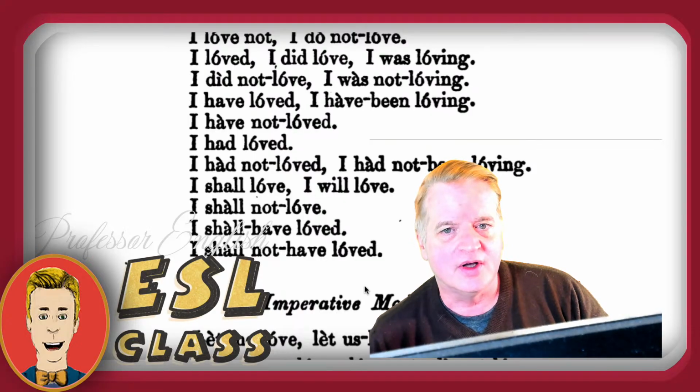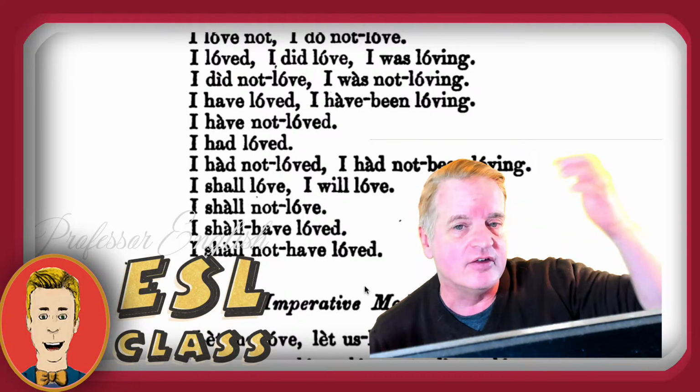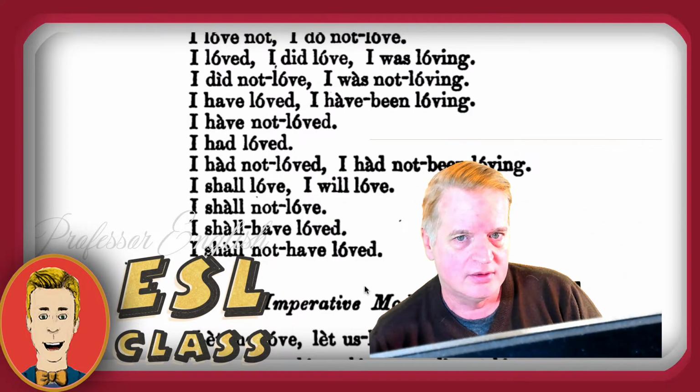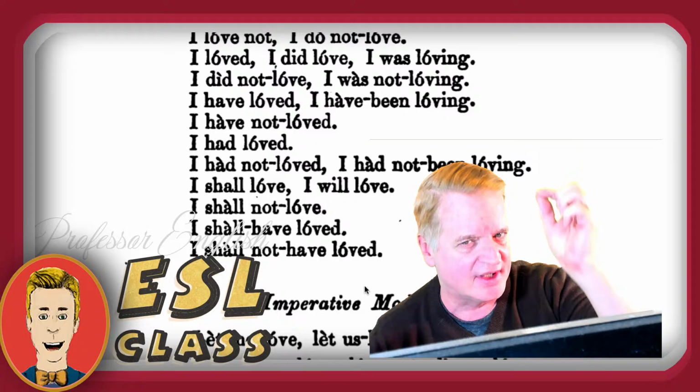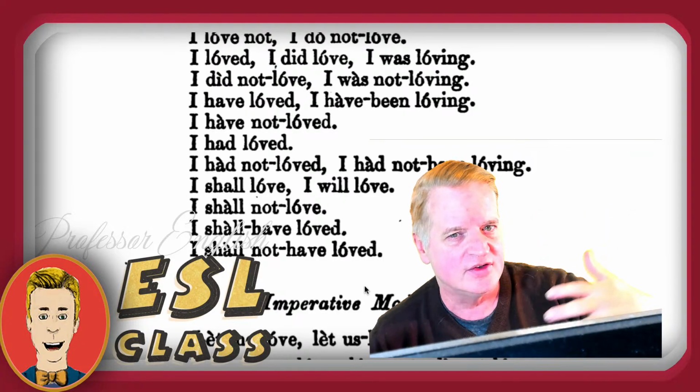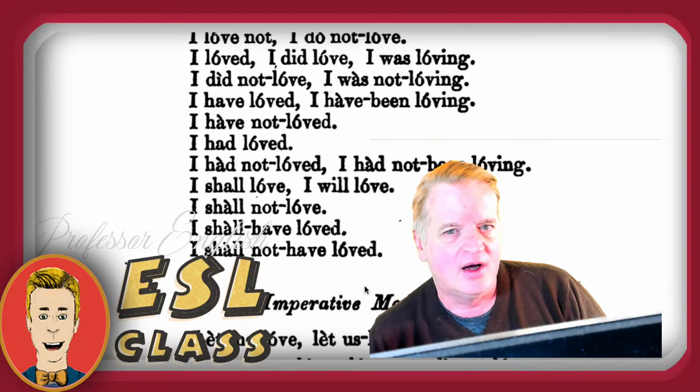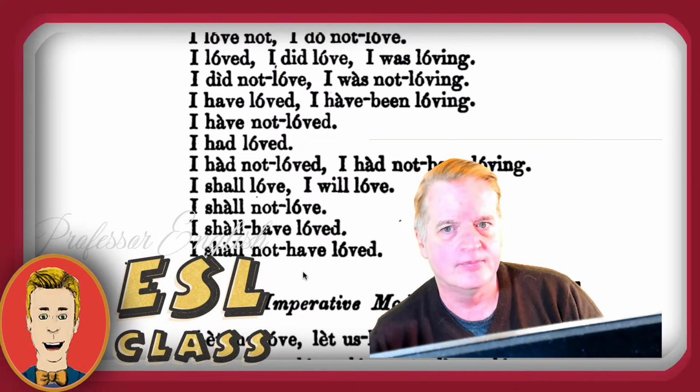This time, does it have an accent mark? You can't do it there because it has that mark. It says this is a big word that you have to say. I have been loving.